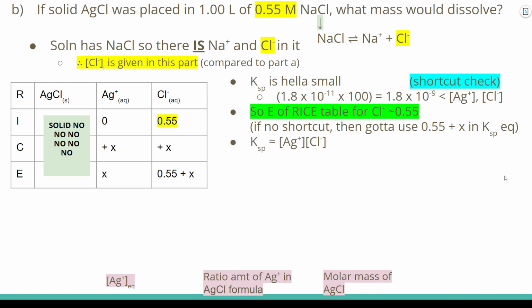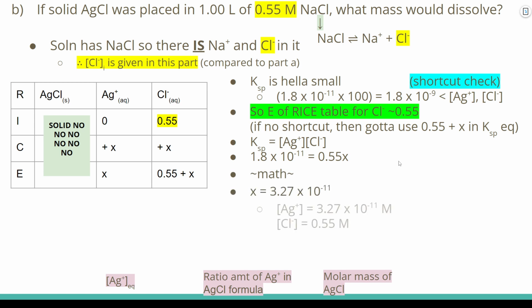I listed the Ksp here because, as a reminder, that is 1 point on an FRQ. Then I plug in my Ksp value for AgCl, and I have my 0.55 from here, and Ag is X. I do the math, I get my X, and then I can write down the concentrations of each of these: my concentration of Ag plus and my concentration of Cl minus.